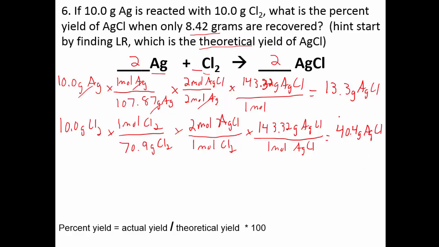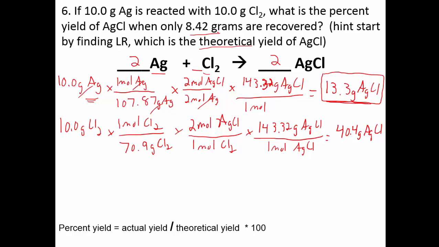So looking at these two, the number that's the smaller amount is going to be the limiting reactant. Silver is going to limit how much you can produce, so the maximum amount we could produce from this chemical reaction is 13.3 grams of silver chloride.